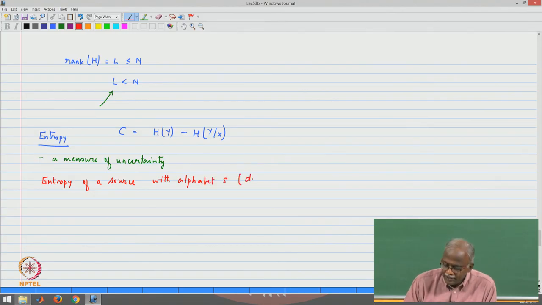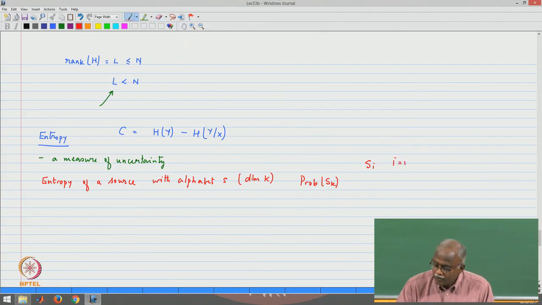So, with alphabet S of dimension k, that means there are k symbols that are transmitted, S_i, where i is equal to 1 through k.